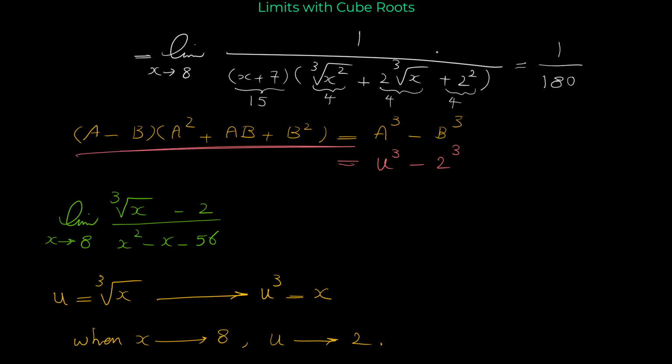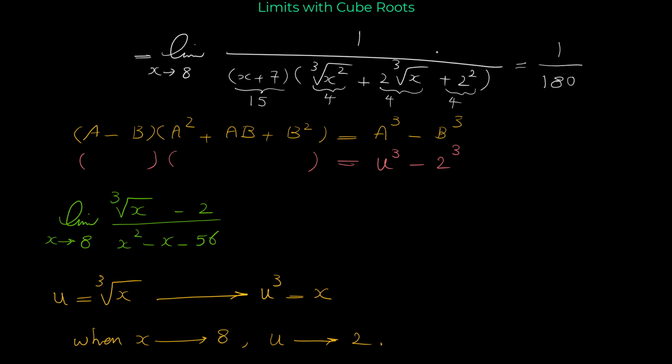If we follow this identity, we can factor u to the 3 minus 2 to the 3 in the form of, we put two brackets. In the first bracket, when we have a to the 3 minus b to the 3, we have to put a minus b.